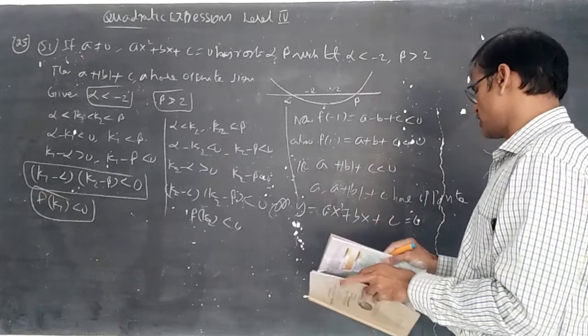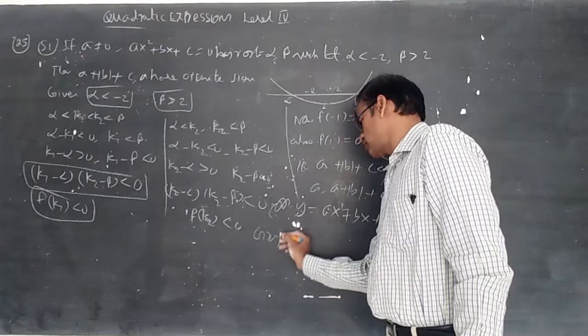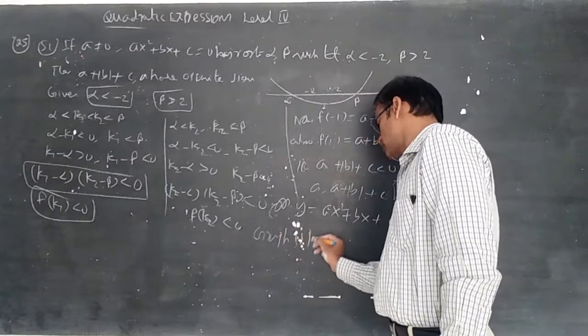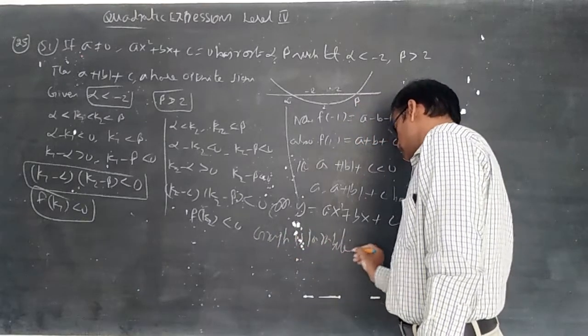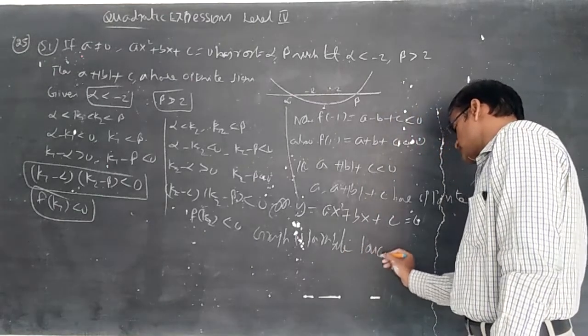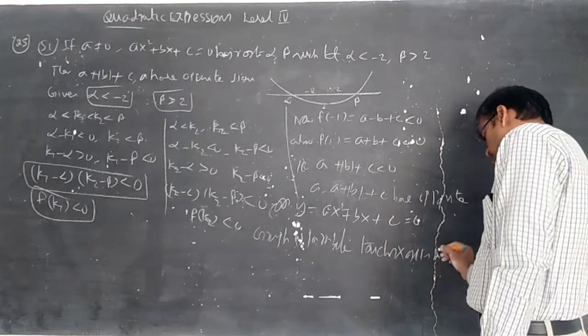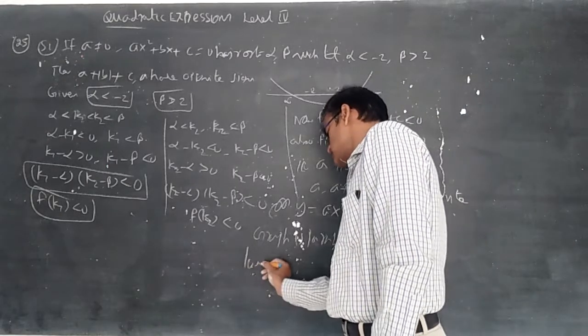The equation has two roots. Whenever it has two roots, the graph is a parabola that touches the x-axis in two distinct points. Then only it has two roots.